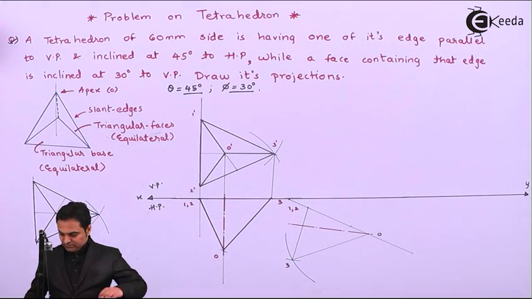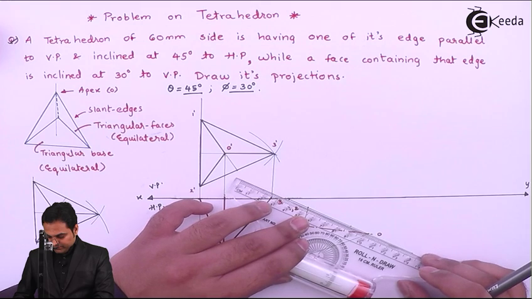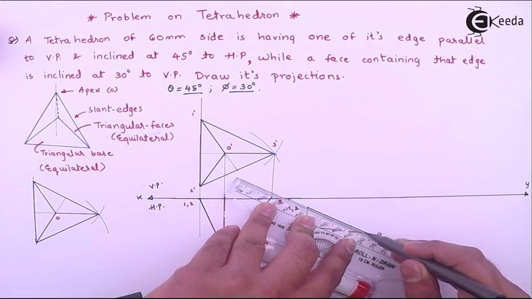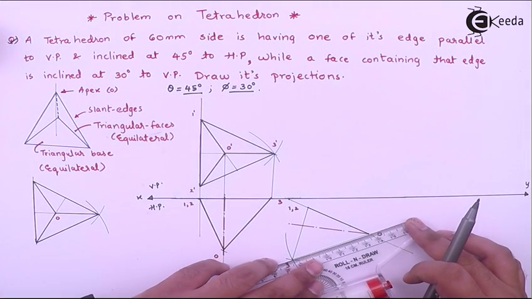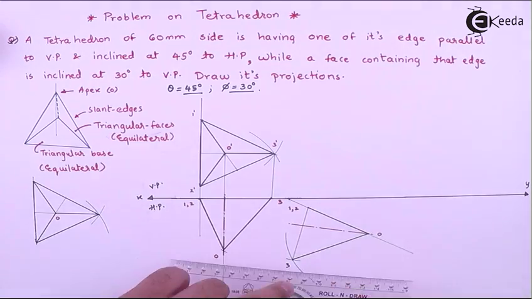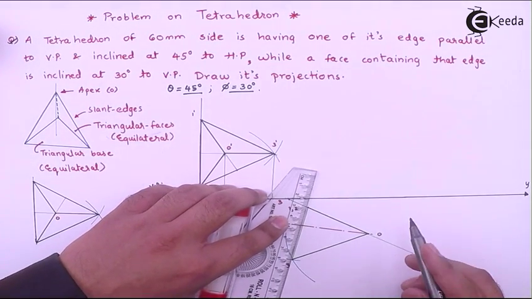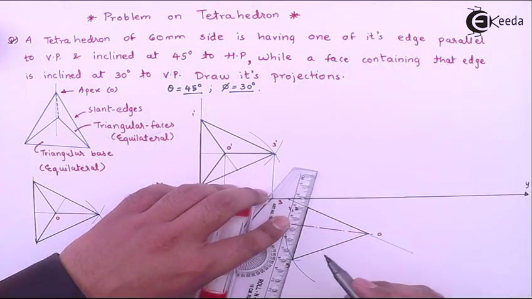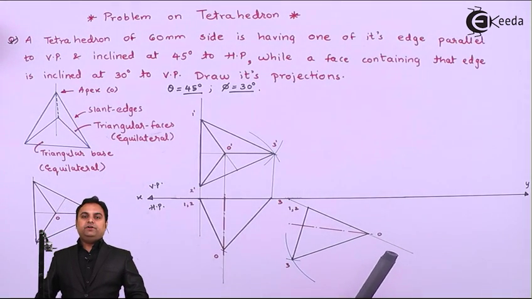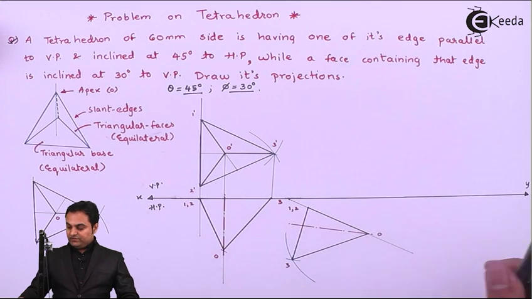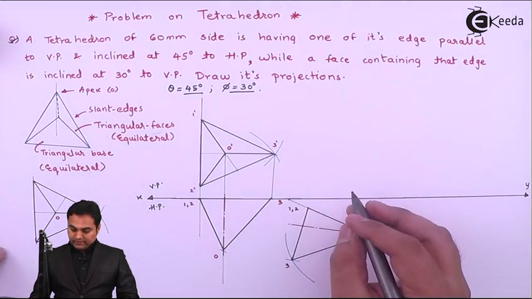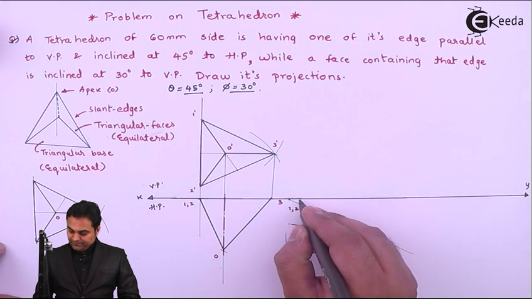Making this inclined tetrahedron dark. Now, this is the top view of the tetrahedron in which the triangular face is inclined with VP at an angle of 30 degree.